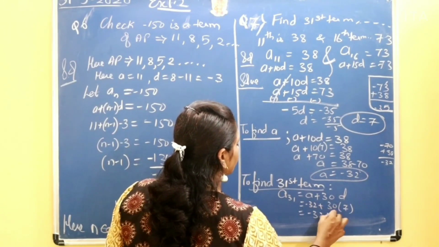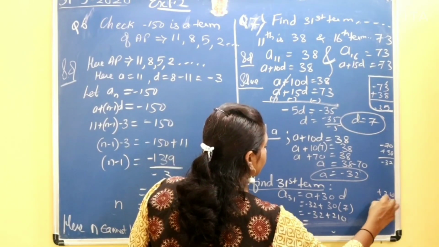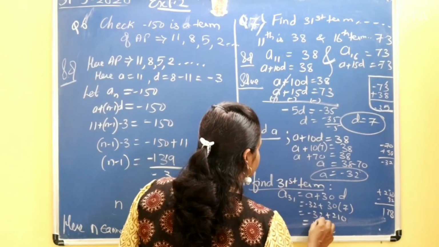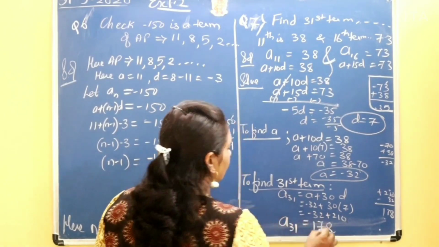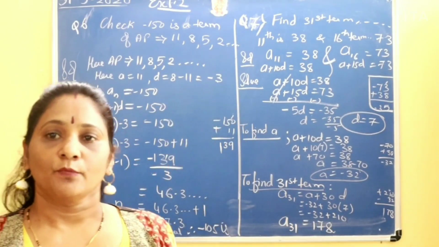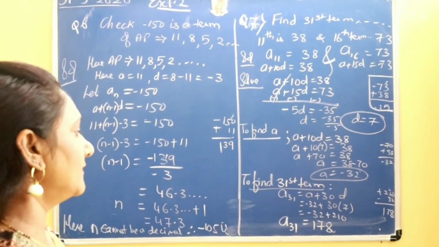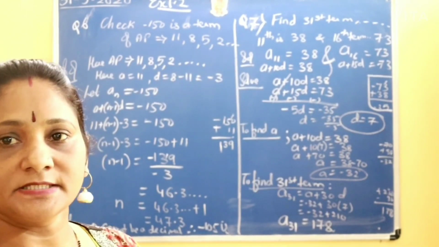So it is minus 32 plus 210. 210 minus 32 is 178. Therefore, the 31st term is 178. You have to write the last line: therefore, the 31st term of the AP is 178.